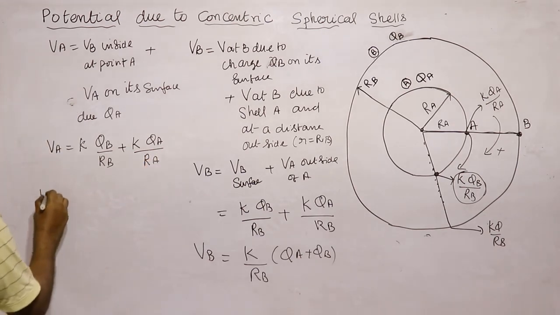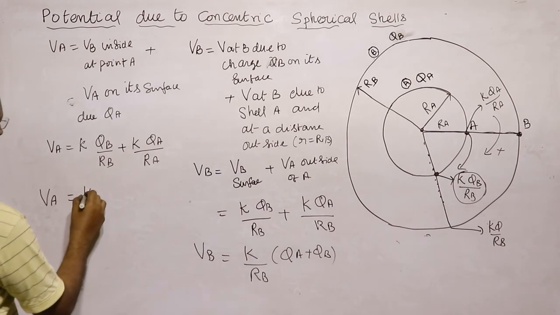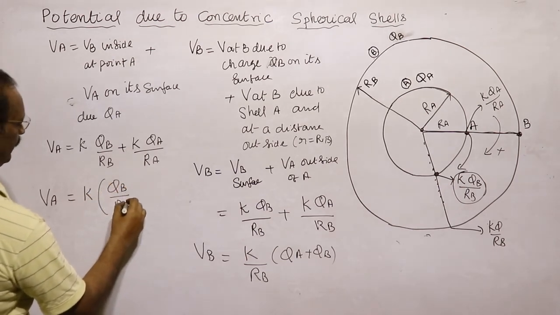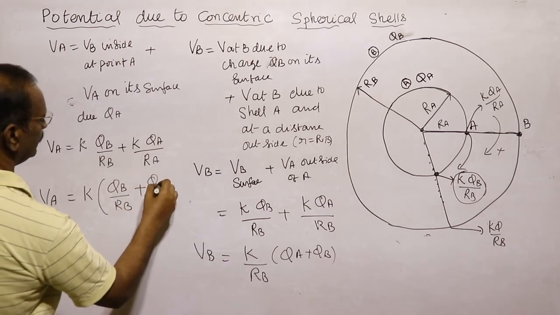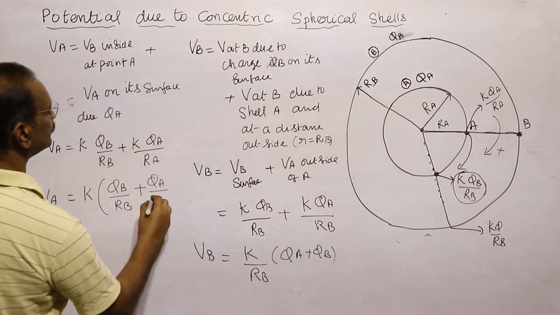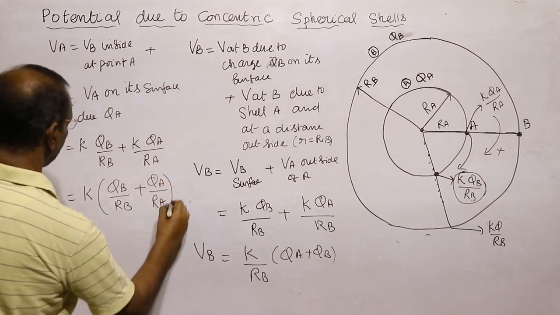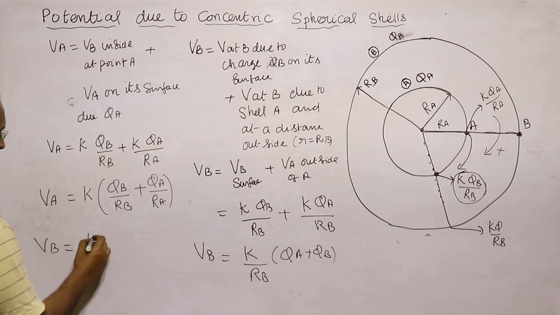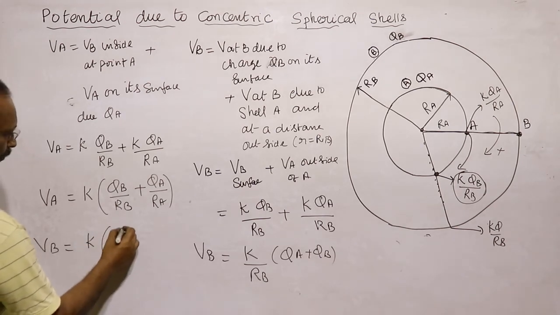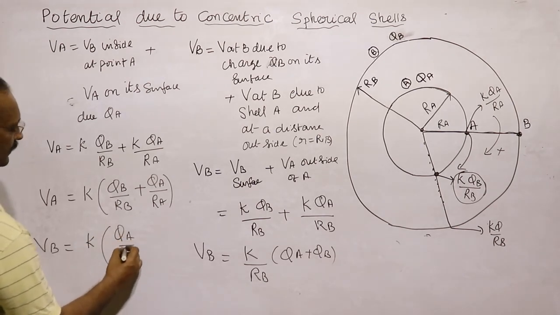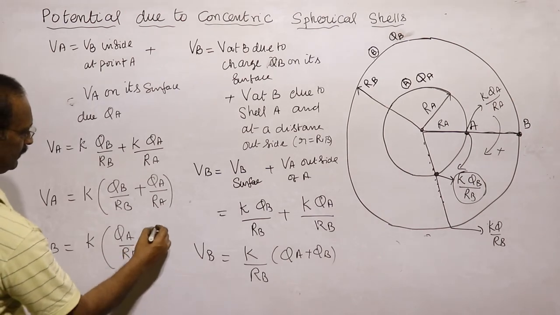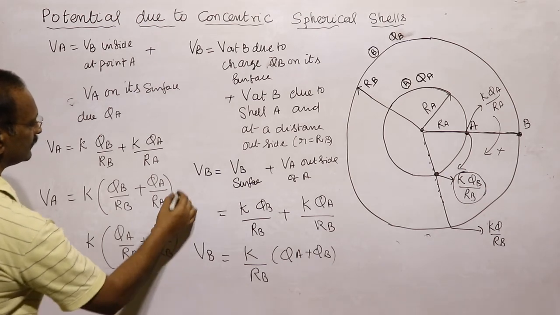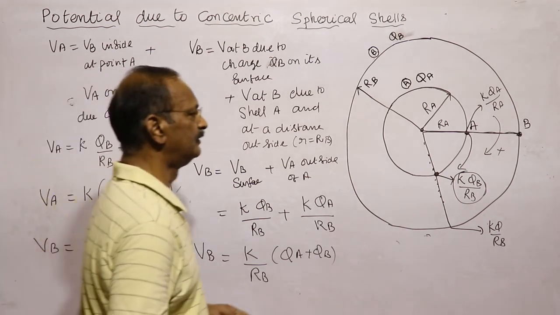So the potential at A is equal to K into QB by RB plus QA by RA. And VB is equal to K into QA by RB plus QB by RB. This is the difference. You have to be very careful.